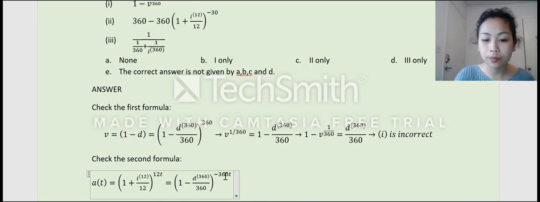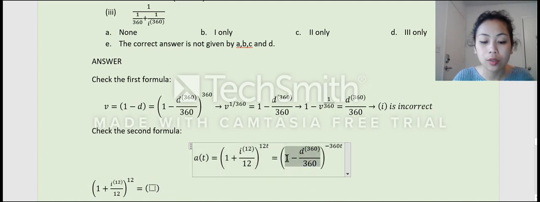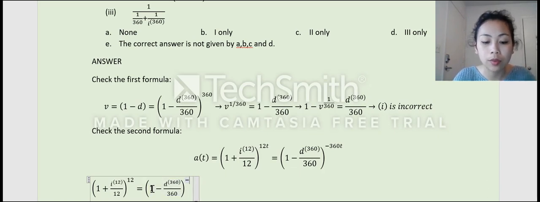So from here we have 1 plus i^(12) over 12, the whole thing to the power of 12, equal to 1 minus d^(360) over 360 to the power of negative 360.